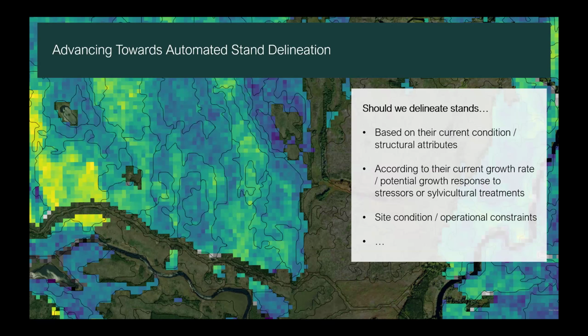We could even use topographic variables to delineate these stands according to operational constraints and site conditions. Of course, there would be some similarities between the different approaches, and I think there's not necessarily a unique answer to that question, but I thought it was interesting to bring this perspective to you today.